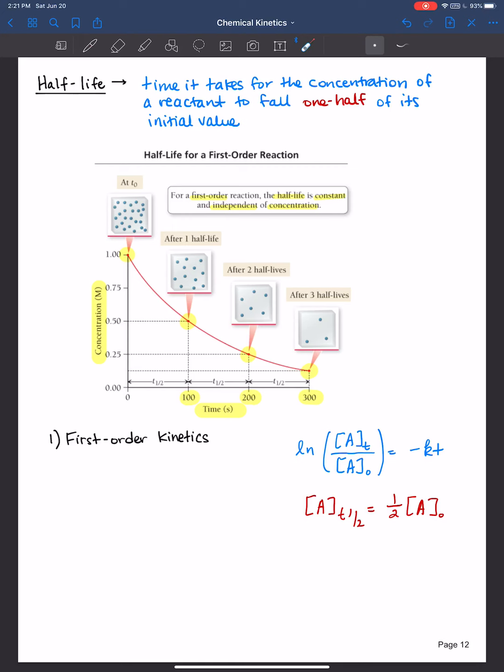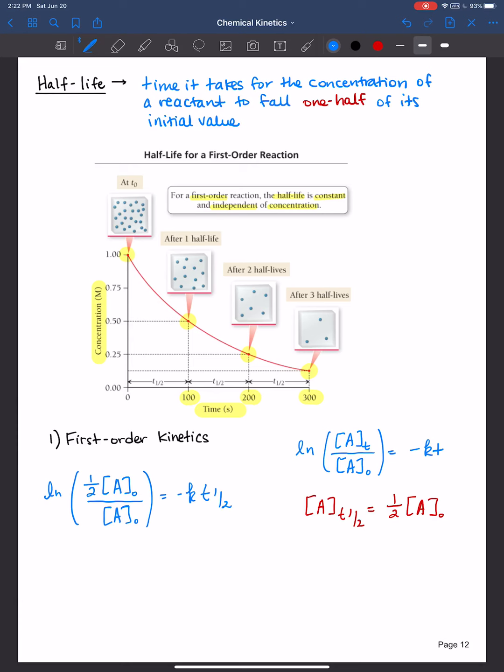Knowing this information, we can substitute this into our integrated rate law to figure out what the half-life would be equal to. So let's go ahead and do that derivation together. So now I have the natural log of 1/2 of the initial concentration over the initial concentration is equal to negative k times the half-life.